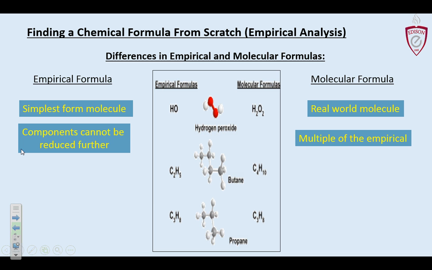It will be a whole number multiple of the empirical formula: 2, 3, 4, 5. Both of our examples here in our picture show just that. As a matter of fact, propane, C3H8, is both a molecular formula and an empirical formula, because you cannot simplify the 3 with the 8. They don't have any common factors.